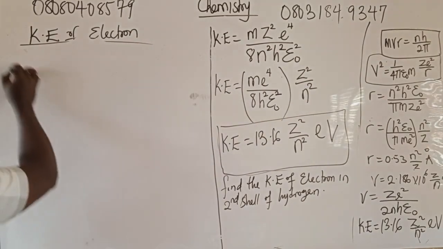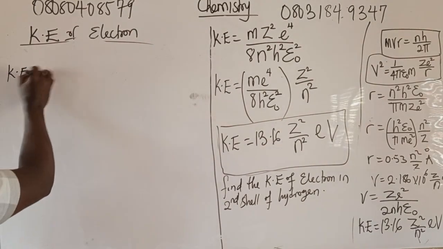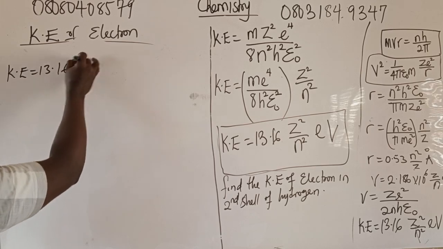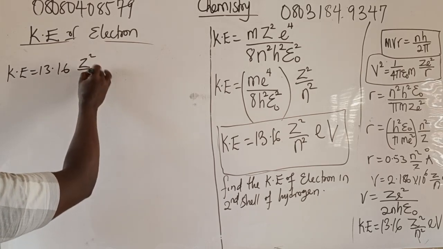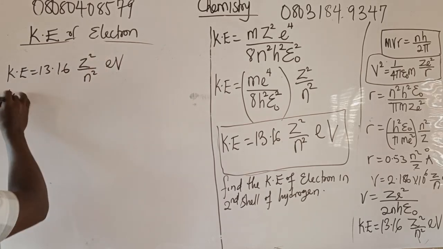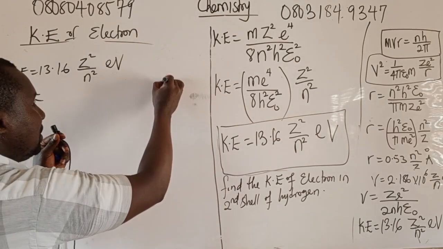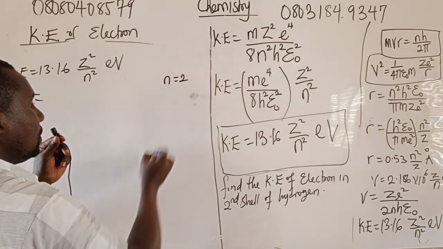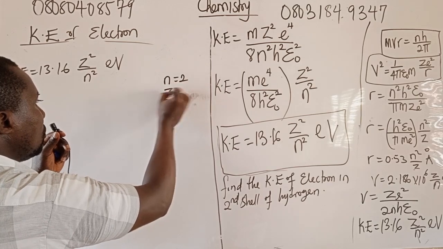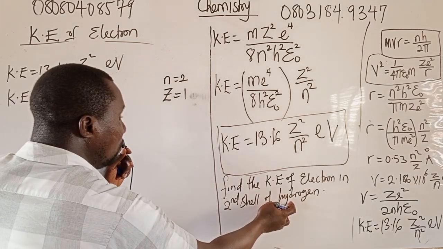We have kinetic energy equal to 13.16 Z squared over n squared electron volt. They say second shell, that means n equals 2. Z equals 1, because the atomic number of hydrogen is 1.